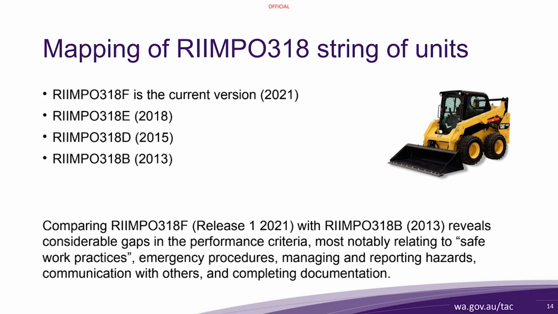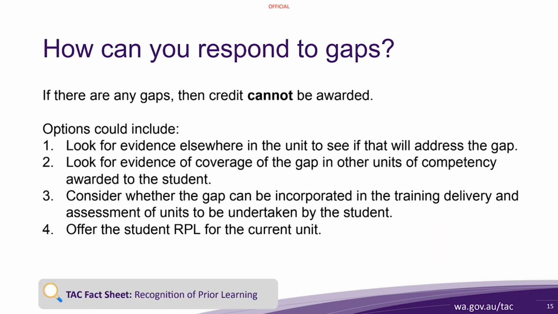So when we start looking at this, we start asking the question, well, what can you do if there are gaps? So for a start, if there are gaps, then you cannot award credit. So you have to basically say, well, is there any way in which these gaps might actually be filled?